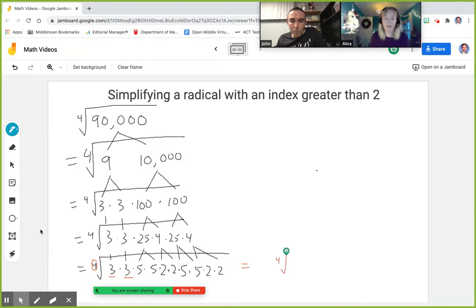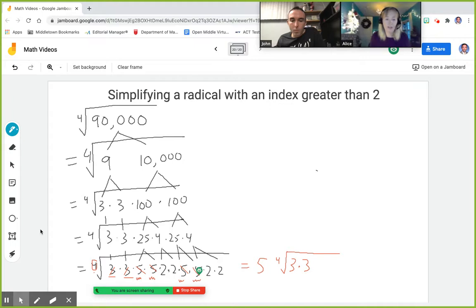I'm going to be left with 3 times 3. And then I'm just going to cross these out to kind of tell myself I kept up with them. Now I'm going to look at the next number. I've got 5. And I have 4 of them. So because I have 4 5's, because the index is 4, I can pull out a 5. And I'm just going to cross these out.